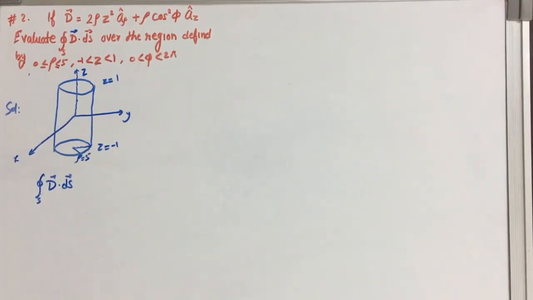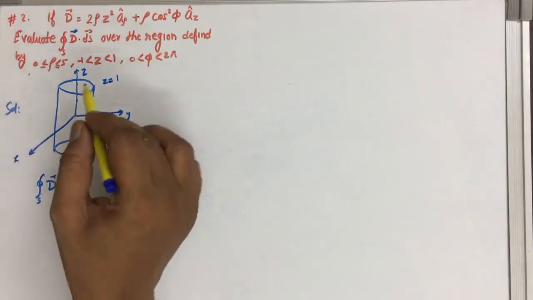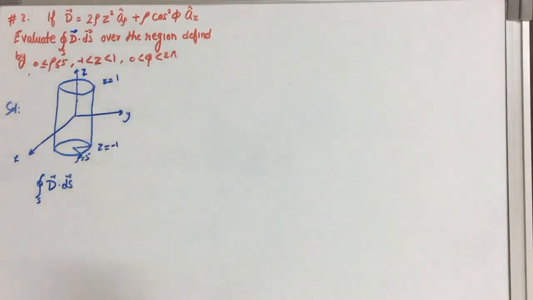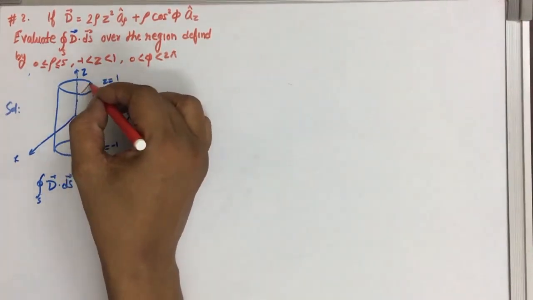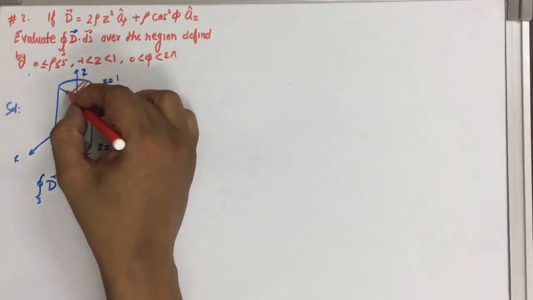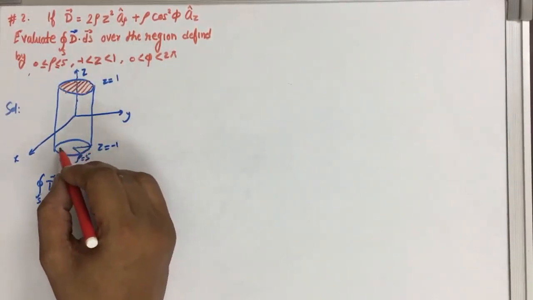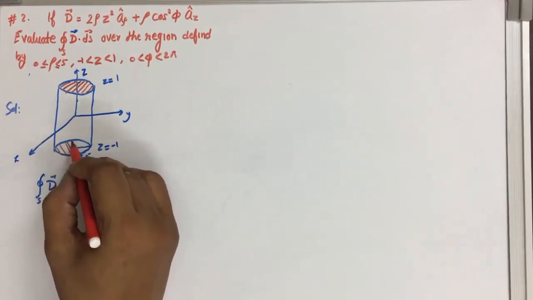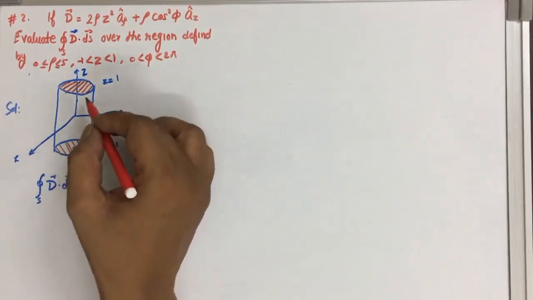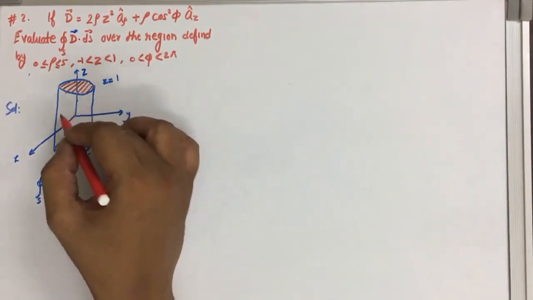How many surfaces does it include? Let us find. The first surface of the cylinder is the top surface. Another surface is the bottom surface of the cylinder, and the third is the curved surface.